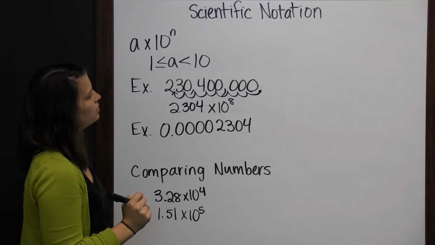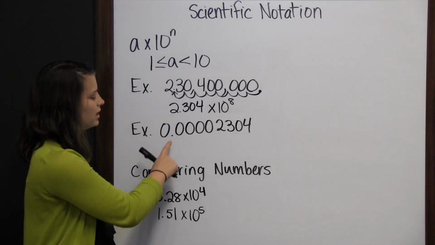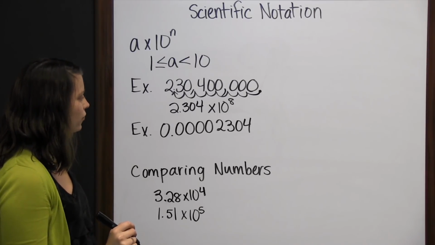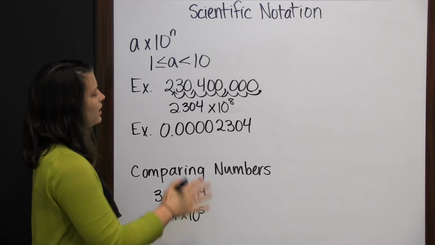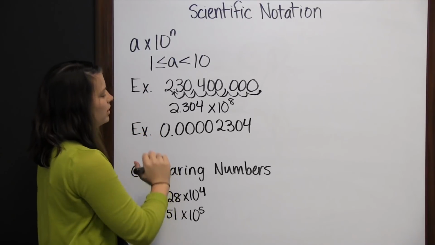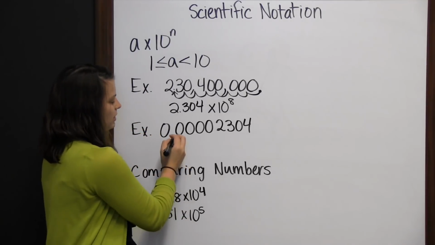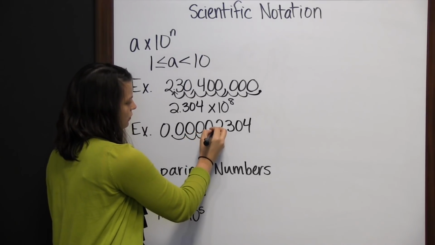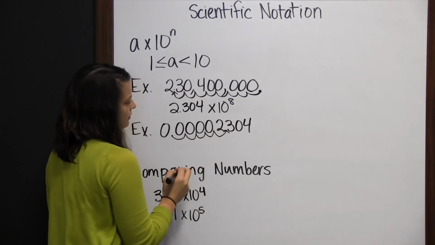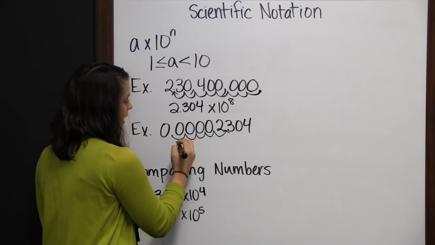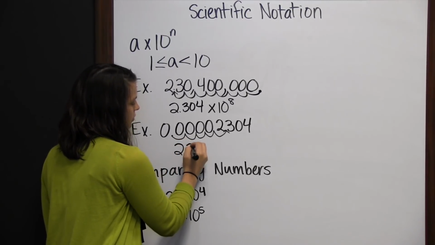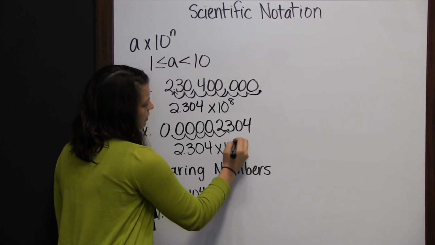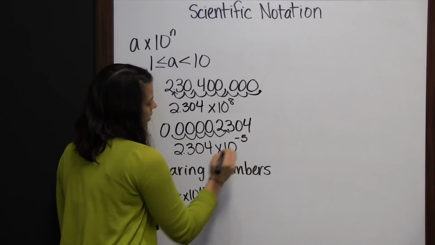We can also use scientific notation to take very small decimal numbers and write them in a shorter form. We do the same thing. Our a has to be greater than or equal to 1 and less than 10, which means we need to move our decimal 1, 2, 3, 4, 5 places to the right, so that it becomes 2 and 304 thousandths times 10 to the negative 5.